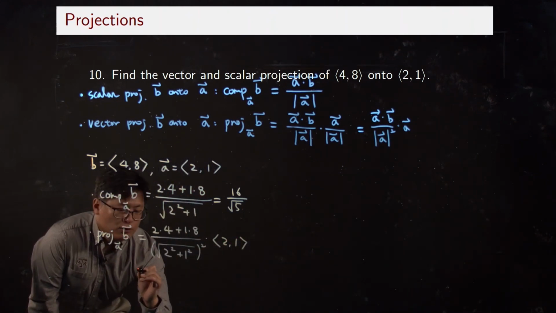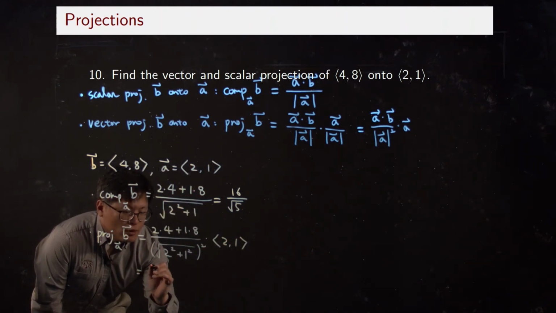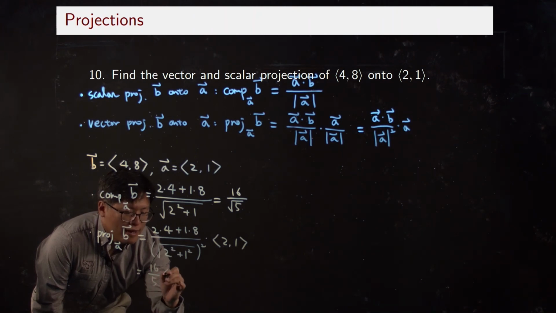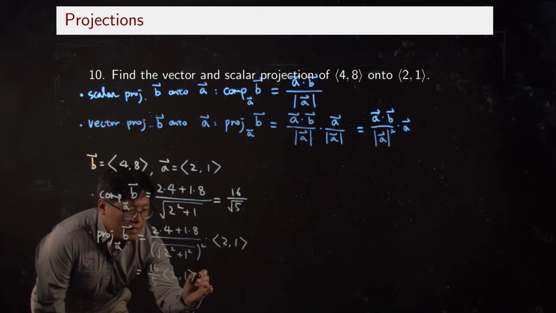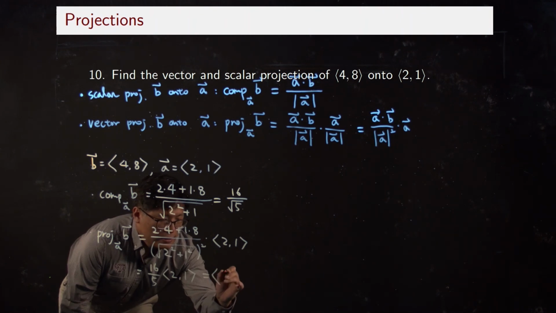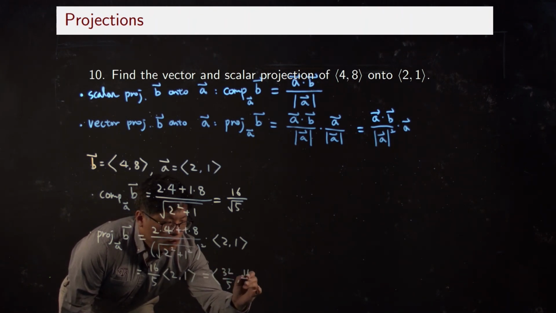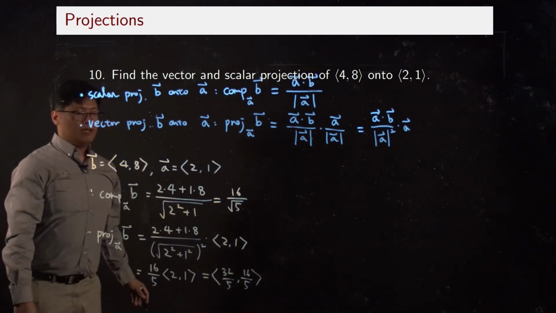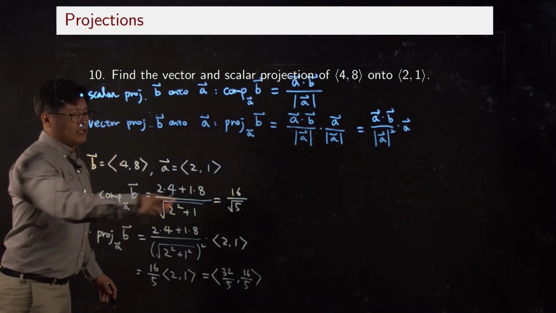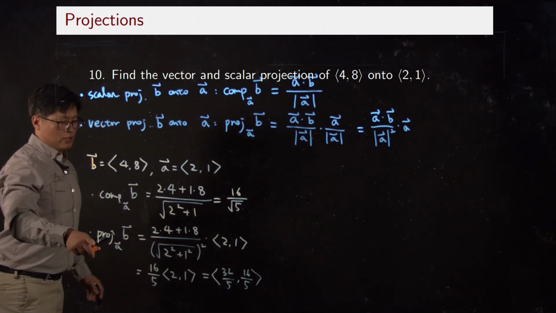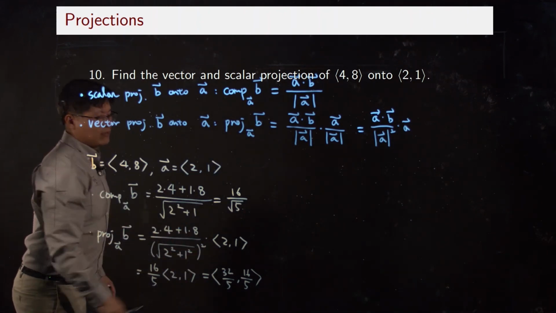So that is equal to 16 over 5 times the vector A. Then we can write this as (32/5, 16/5). So again, scalar projection is a number, but your vector projection is a vector. Is that okay?